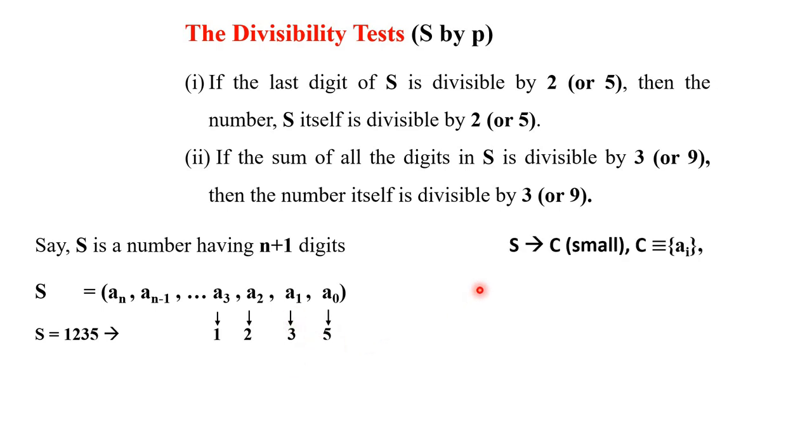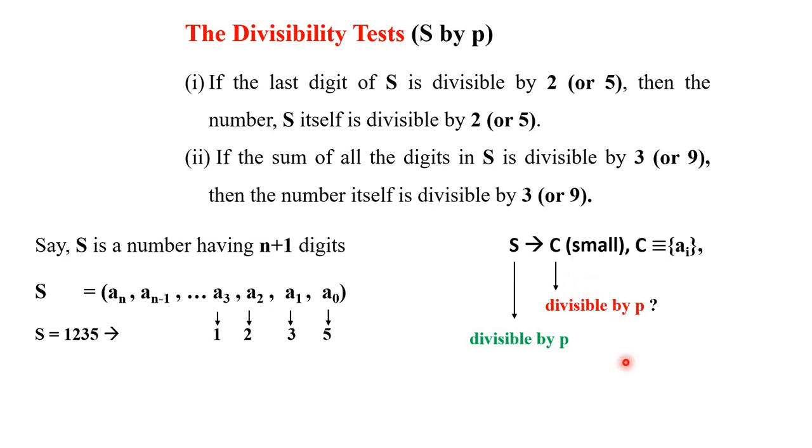What we are basically doing in these rules is, from the given bigger number S, we try to extract a much smaller number C. Of course, C can be expressed in terms of the digits of the given number. Then the rule demands that if that smaller number is divisible by P, which we can check very easily, then S itself is divisible by P. So if C is divisible by P, then S is divisible by P, where you have extracted C from S by some special rule.